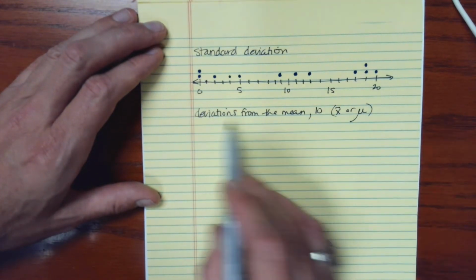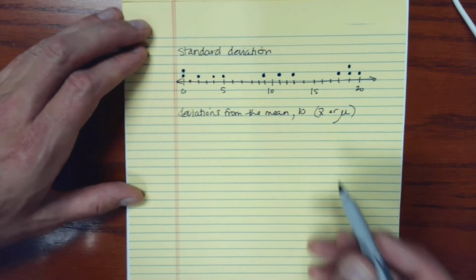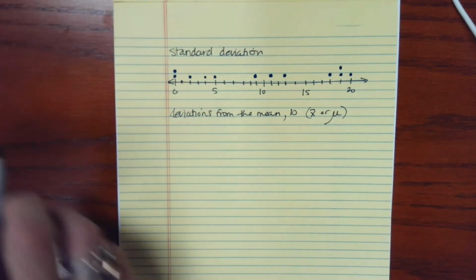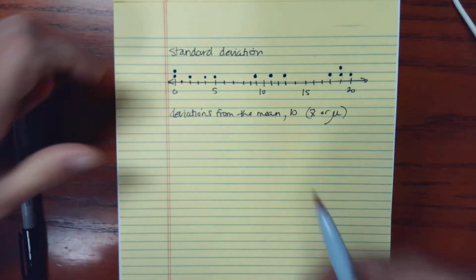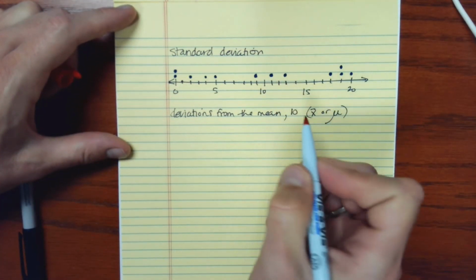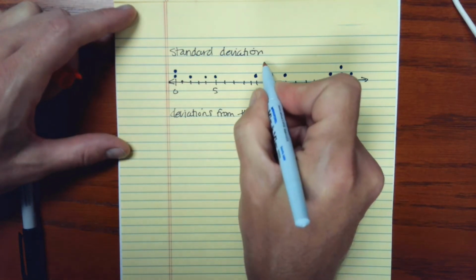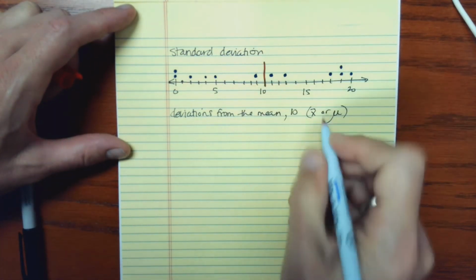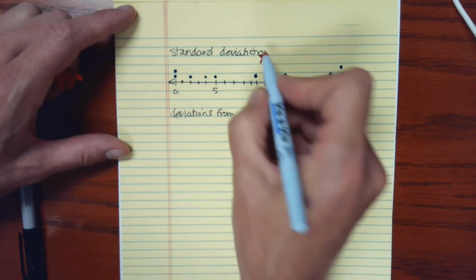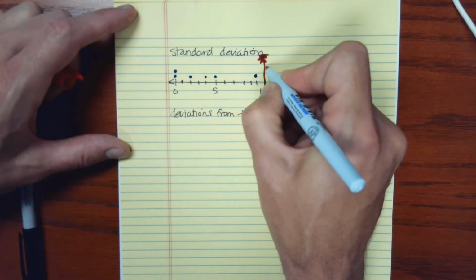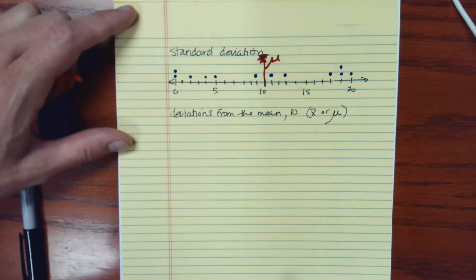We add up the values and divide by however many we have. By deviation, I mean the difference, or the distance, from the value to the mean. Here is my mean, and I'm going to say that this is a population mean.